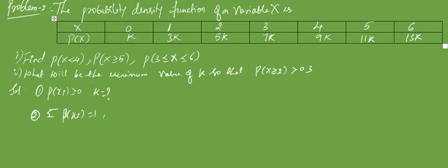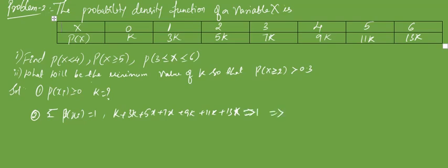So start adding all the terms of p of xi, that is k plus 3k plus 5k plus 7k, 9k, 11k, 13k. Each term you need to add up properly. This is k, and this has to be equated to 1.